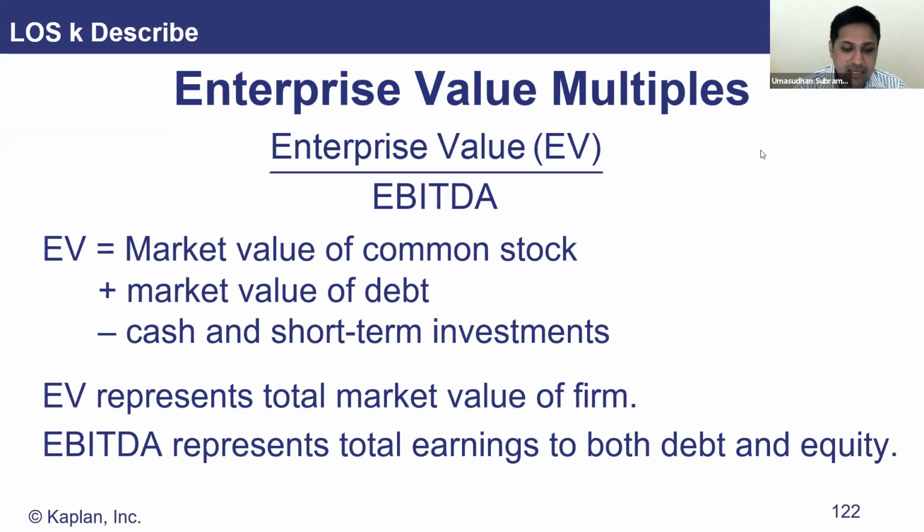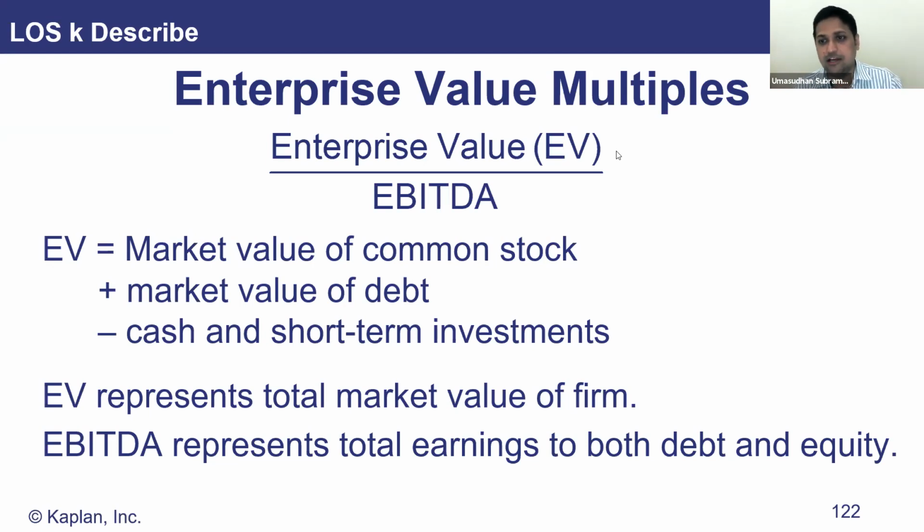So your EV is going to be your numerator, and your denominator is going to be EBITDA. Now the question is, why do you need to use EBITDA? Why not EPS?